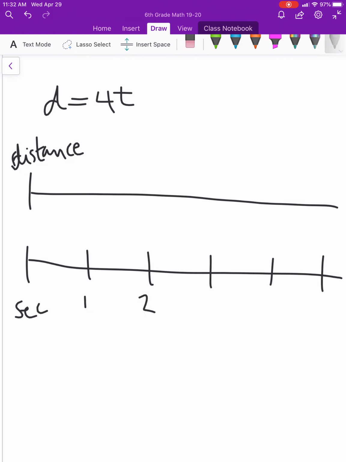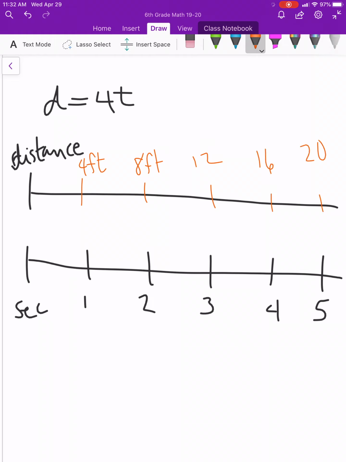So I have 1, 2, 3, 4, 5 seconds, and up here I have 4 feet, or 8 feet. I'm having a tough time, aren't I? 8, 12, 16, and 20. These are all feet. Okay.